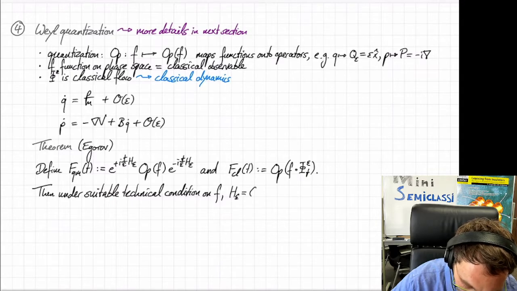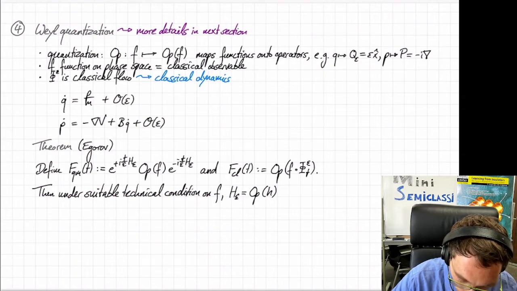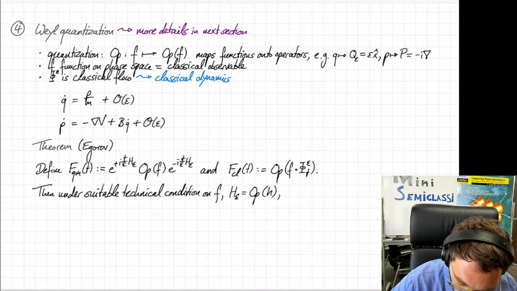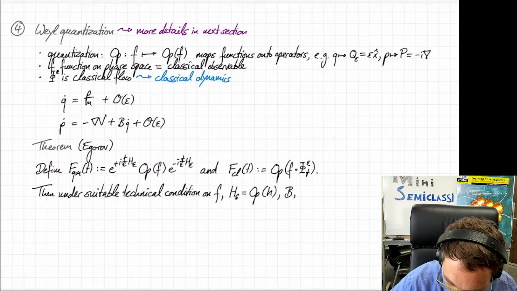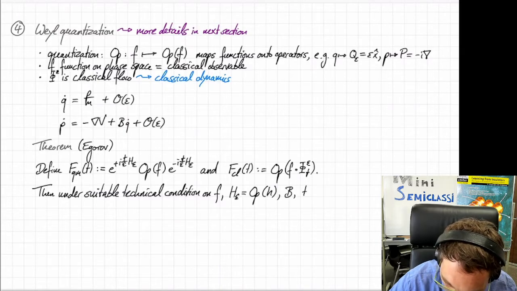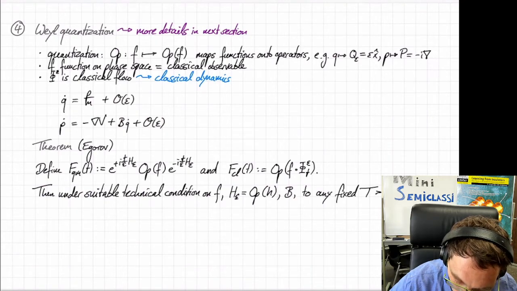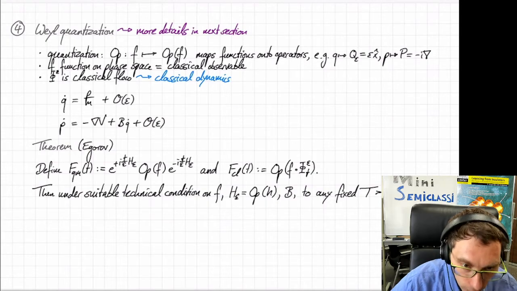So here it is important that also the Hamiltonian is the quantization of a classical Hamilton function, and perhaps the fields, so the magnetic field B, then for any fixed t, the following holds true.